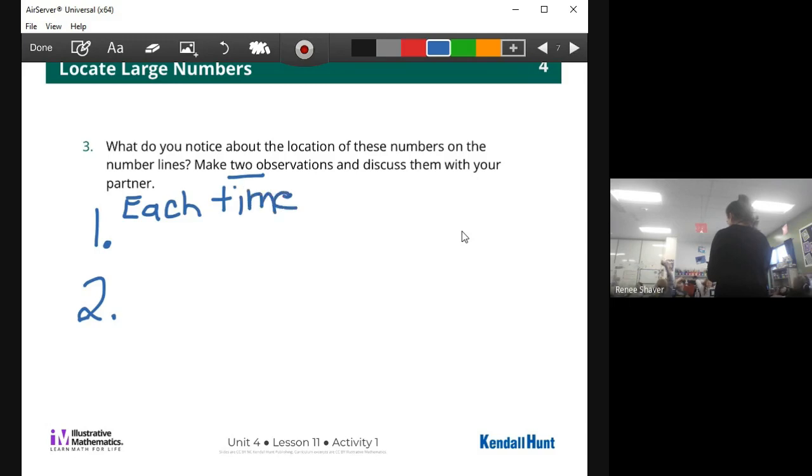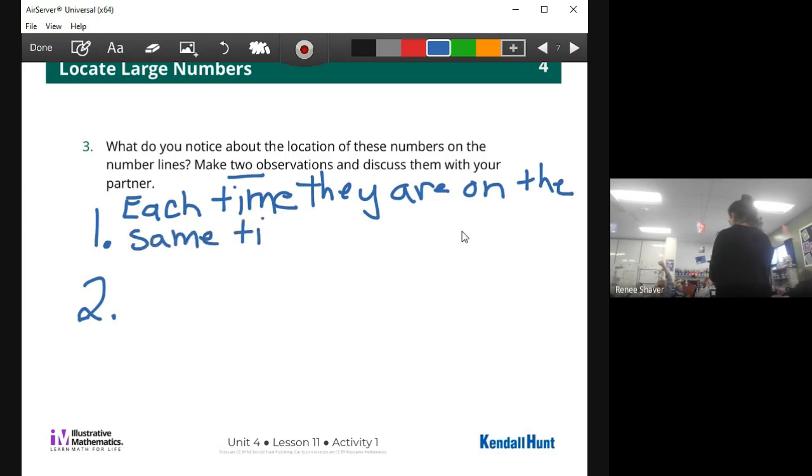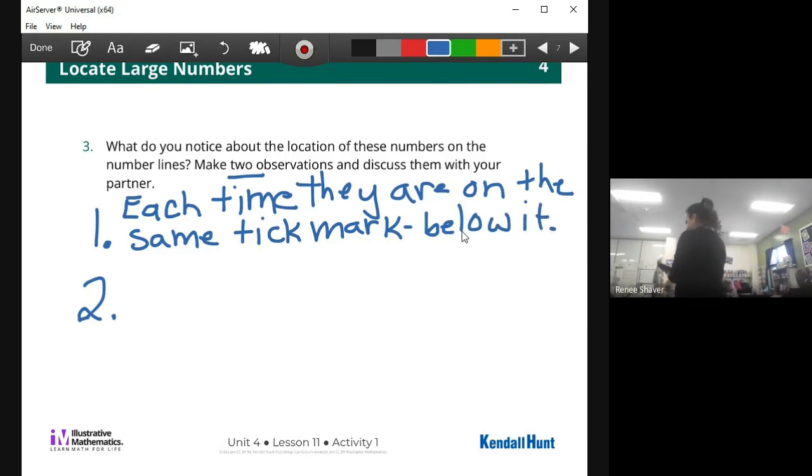Okay, each time they are on the same tick mark, kind of like below it. Yeah. Okay, what else did you guys notice, Gage?